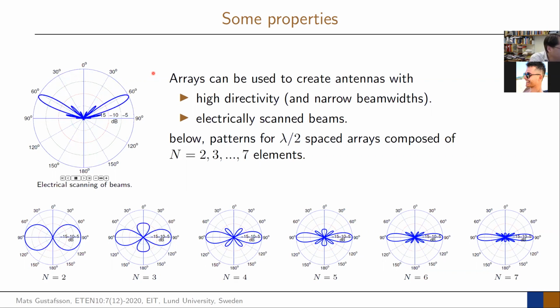I think I got another one on chat. What is the better radiation here? I don't know. Depends, of course, what you want to do. If you have an array, like say a radar antenna, I will show you a few very soon, then you would like to have fairly narrow beams that can point in different directions. If you have, for example, a MIMO system at a lower frequency, you want rather wide beams.